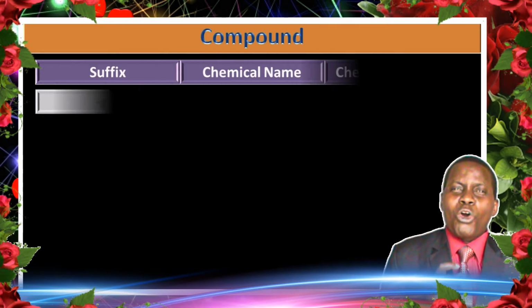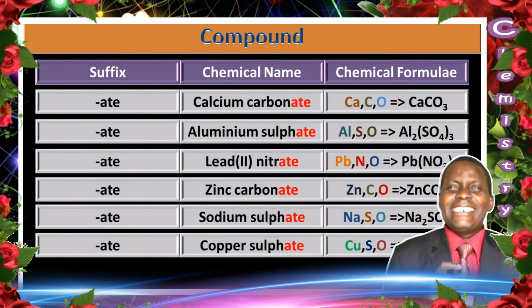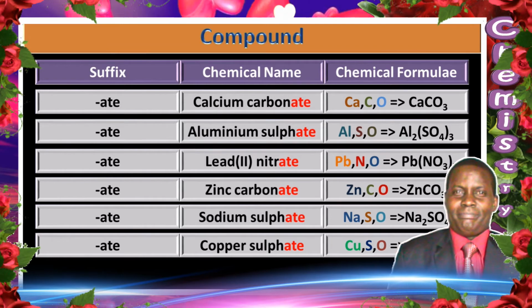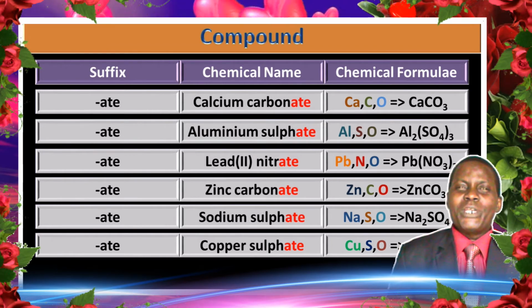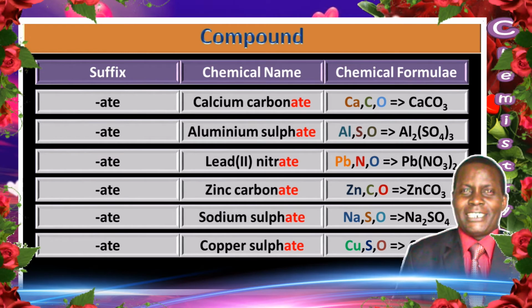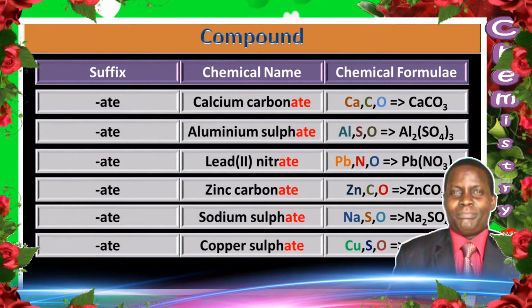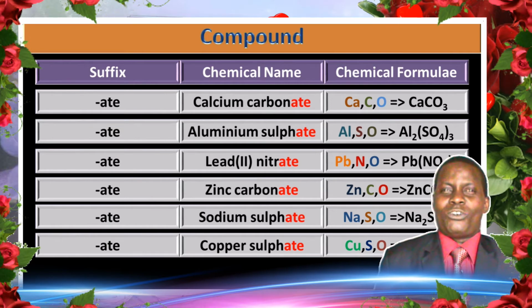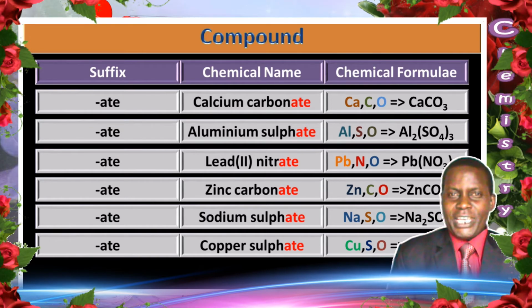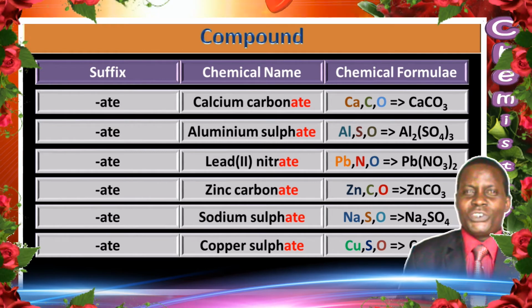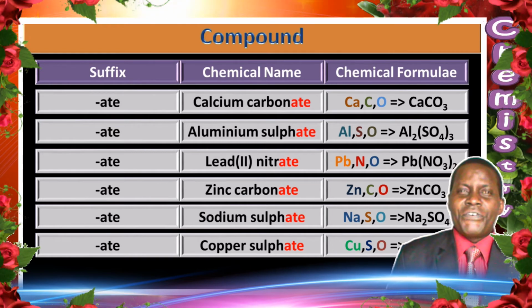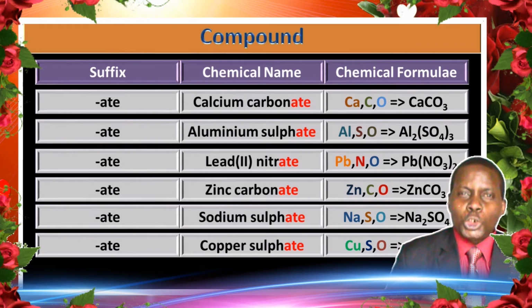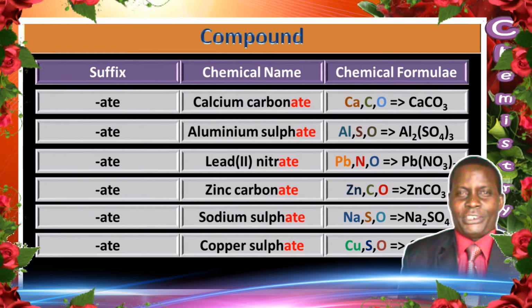If the name of the compound ends with ATE, it means that the compound consists of at least three elements, and one of them must be oxygen.